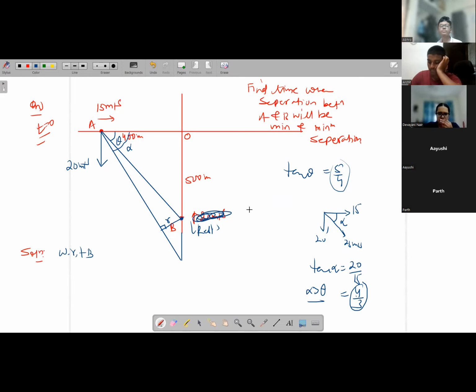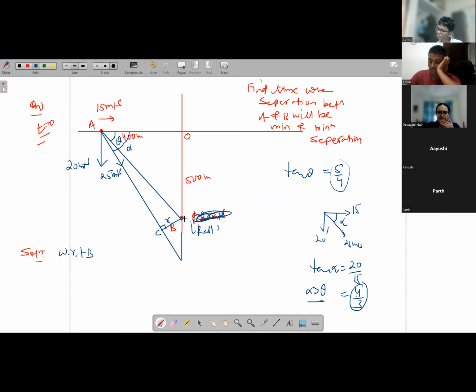That we'll do. See how? This is the resultant velocity, 25 meter per second. Now you can see the time to travel from A to point C is the time taken for the minimum separation.